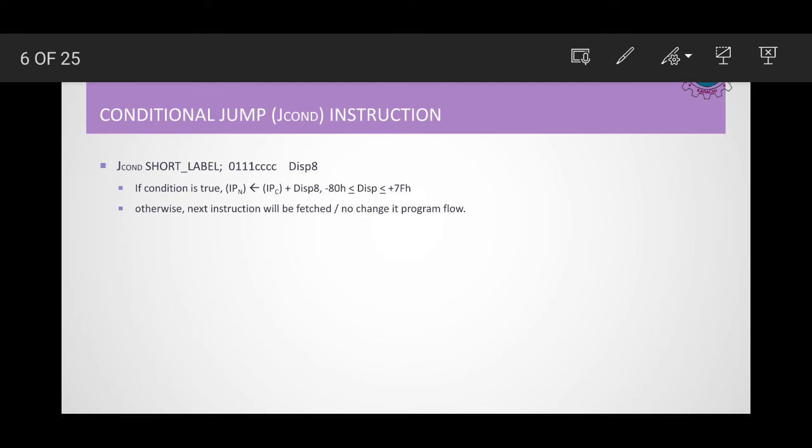Otherwise, if the condition becomes false, then no jump will be executed, no change in the program flow, or that may be said that the next instruction in the flow of the program will be fetched and executed.